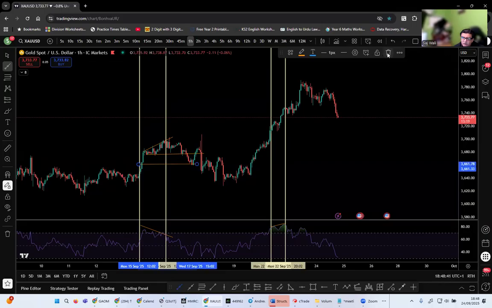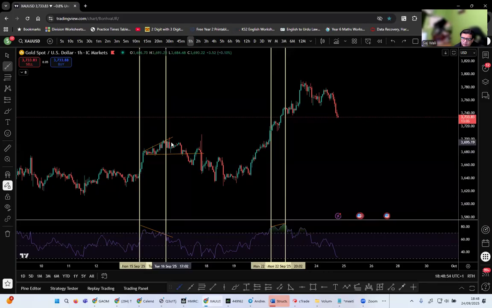Although it's not up to this level here, although it's not very much profit here, because this divergence is showing reversal here, we had some movement. And you can always go to a smaller time frame and look at the candlestick patterns.